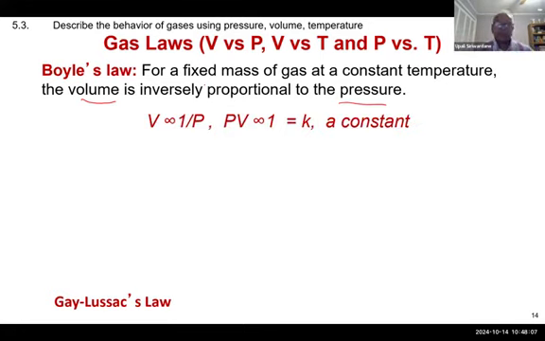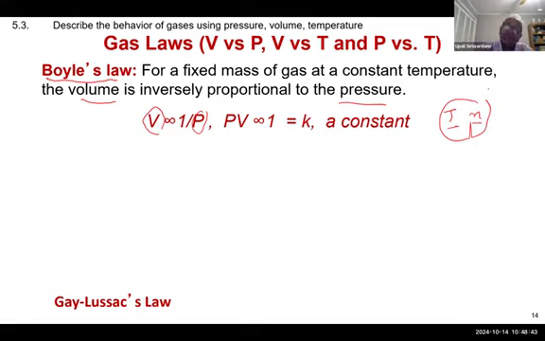This relationship, volume is 1 over pressure, is called Boyle's law. Now, one thing you need to understand is when you're changing volume and pressure, you have to keep temperature constant and the amount of gas, which is measured in moles, constant.